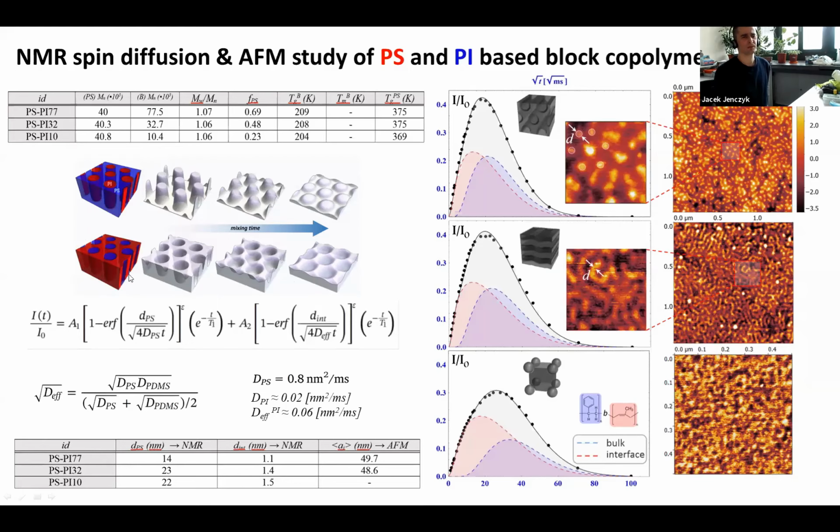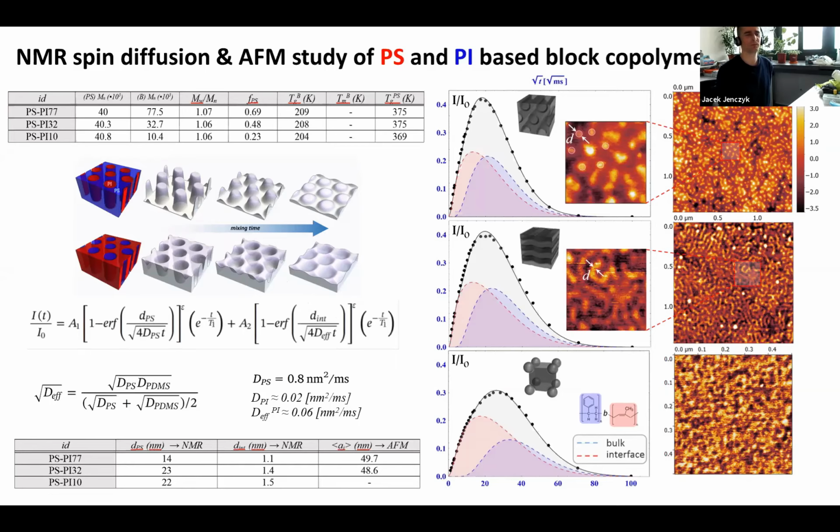The first component, which I mentioned before, allows us to define the dimension of the hard domain. In this particular case, that is going to be a polystyrene domain, while the second component indicates the so-called interfacial domain.